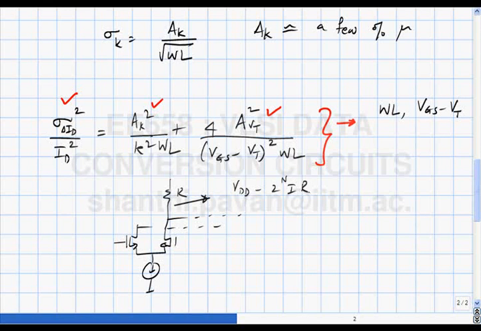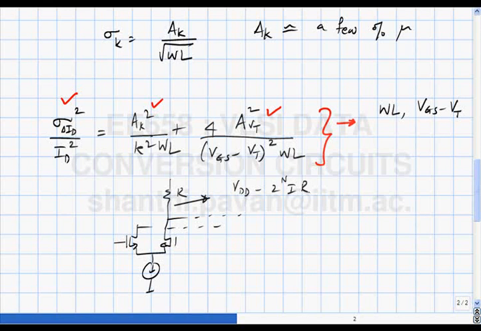So based on these considerations that you want none of these transistors to get into triode, even when the DAC is exercised to full scale, that will basically give you a VGS minus VT to work with, which in turn will go and determine WL. As the resolution of the DAC required goes on increasing, for a given supply voltage, what happens to sigma ID by ID?